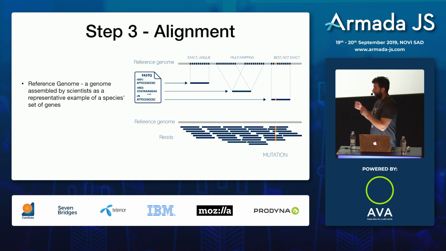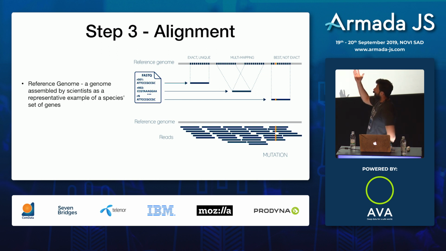It has to find the position of one shred and compare it to the reference genome. It's a genome assembled by scientists as a representative example of a species' set of genes. So imagine you take one shred that says eye color, then you open the reference genome book and start searching for a sentence that starts with eye color, and then you put it there.